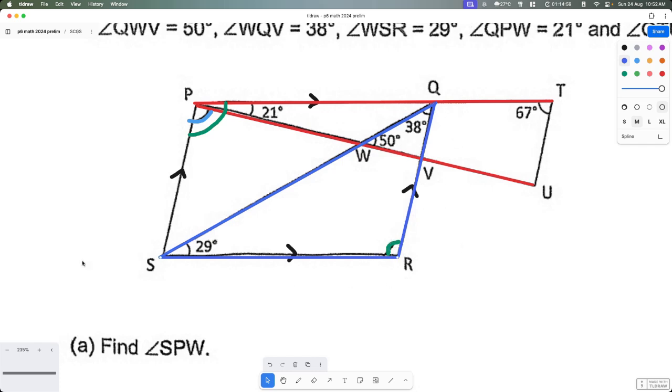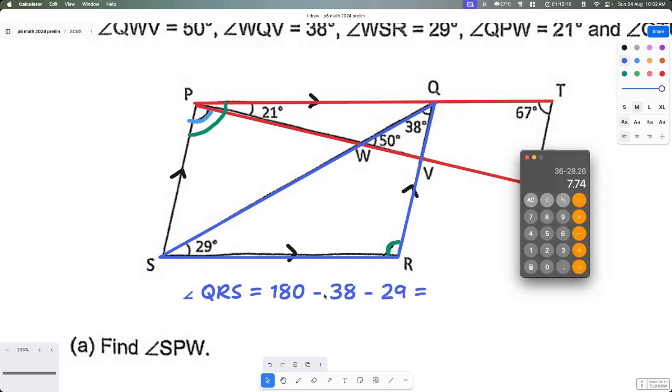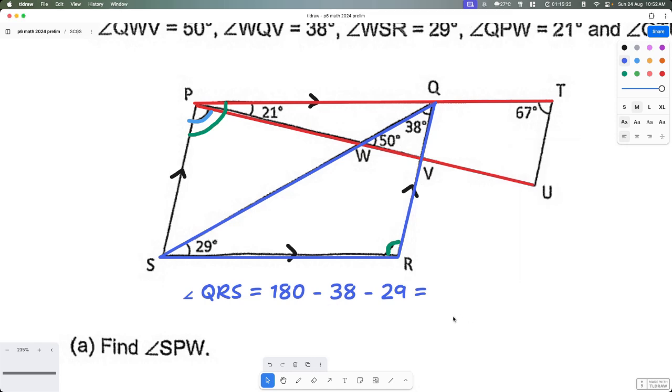So let's get angle QRS, which is equal to 180 minus 38 minus 29. Let's use the calculator. This will be 113 degrees.